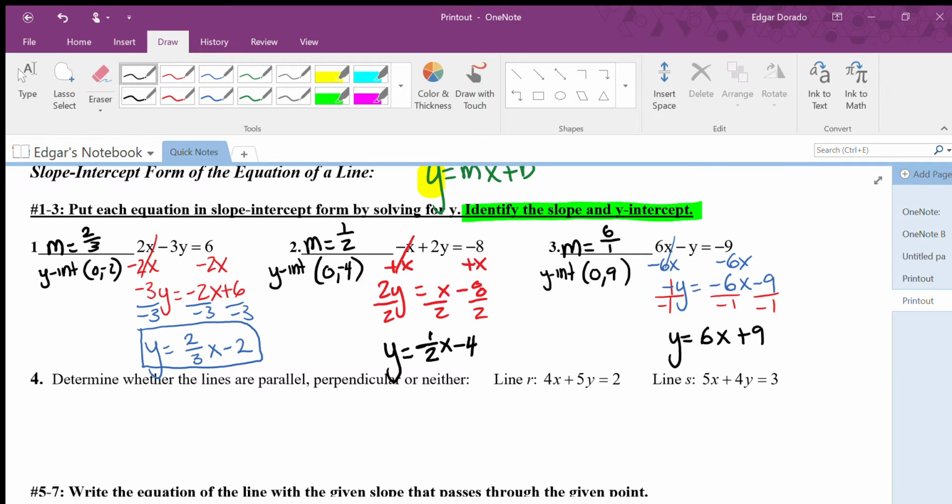Again, notice, just real quick, in front of this x here, guys, there's really a 1. So when you divide by 2, it's just 1/2 for your slope.